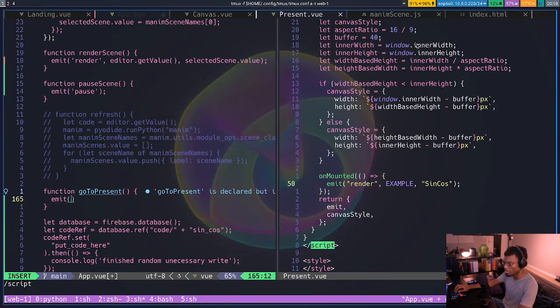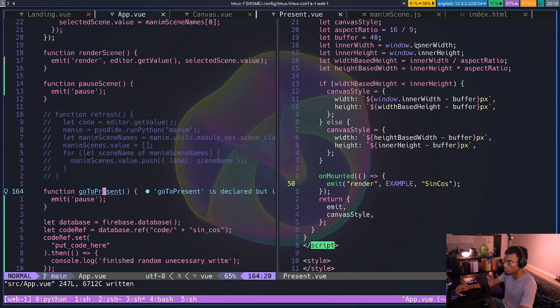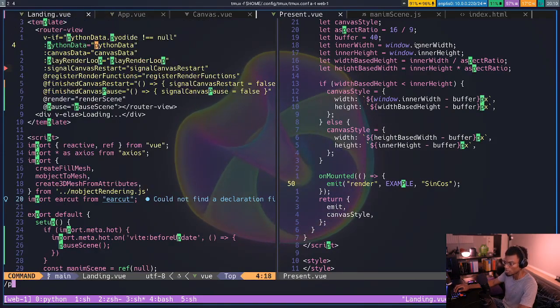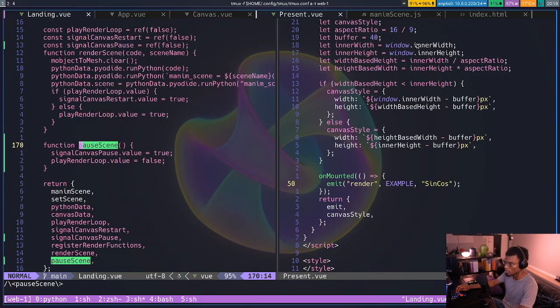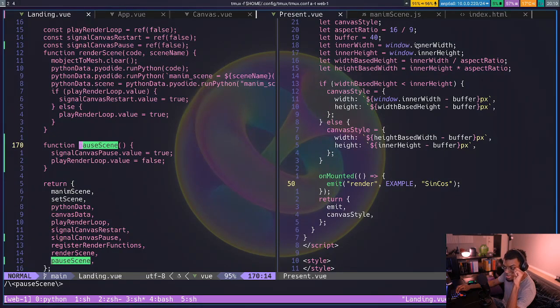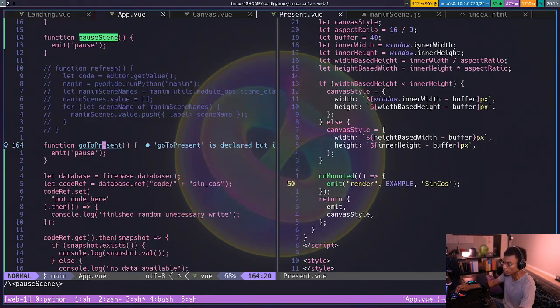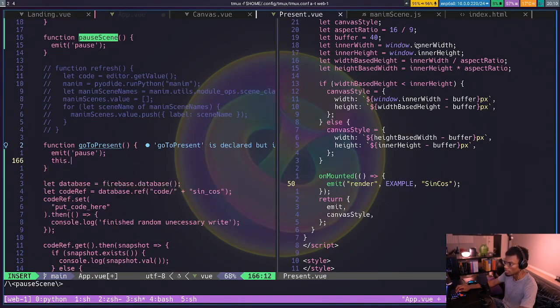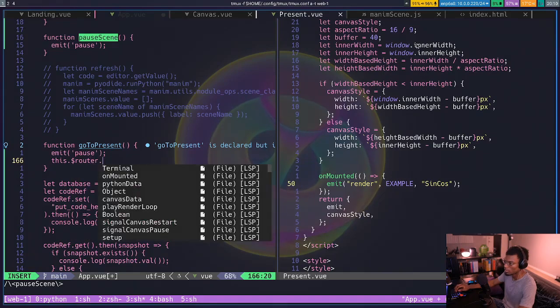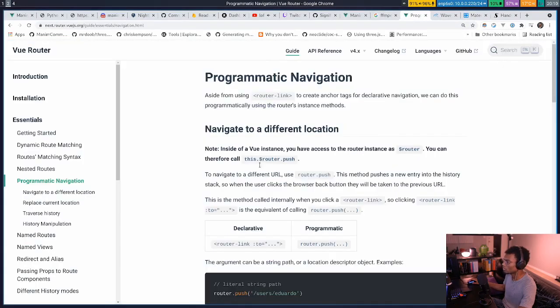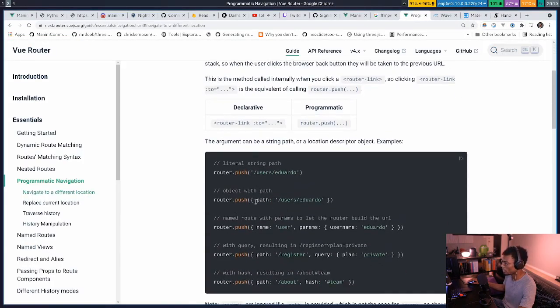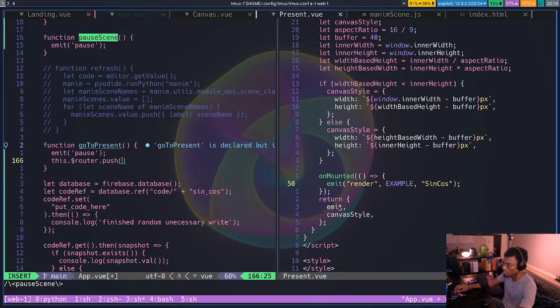I want to emit a pause, which I guess should stop it. I hope so. And then try to push whatever. Path /present.